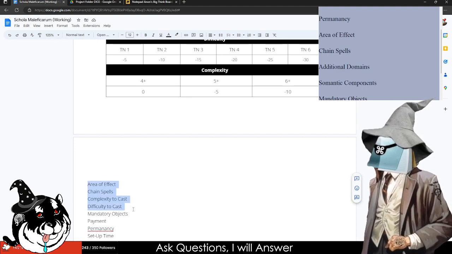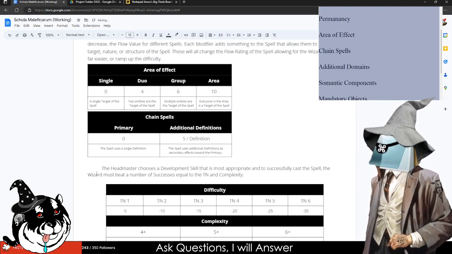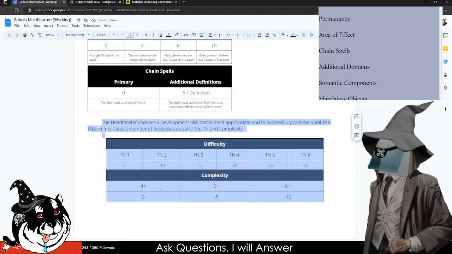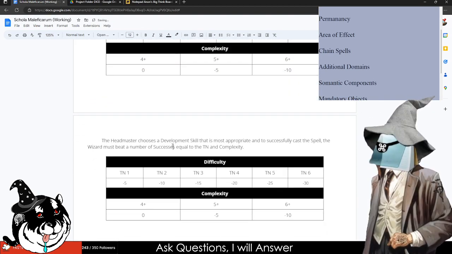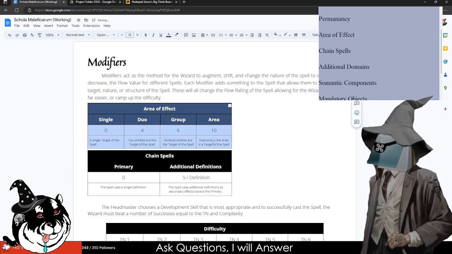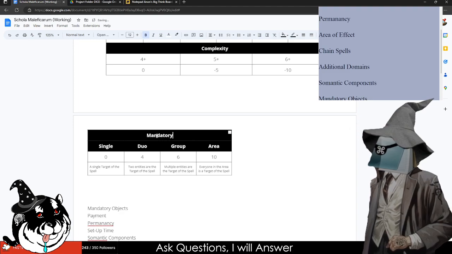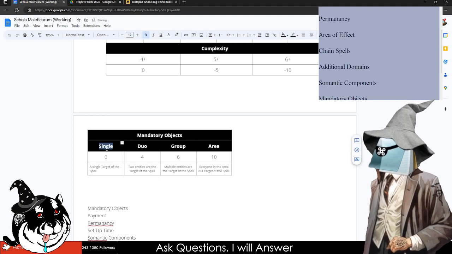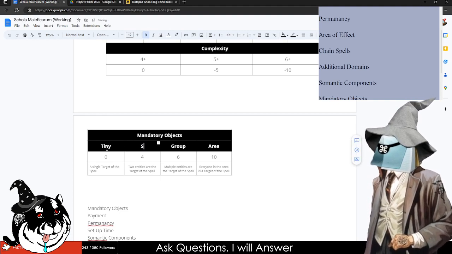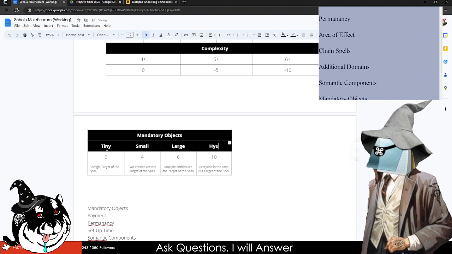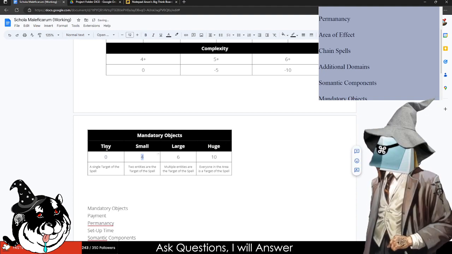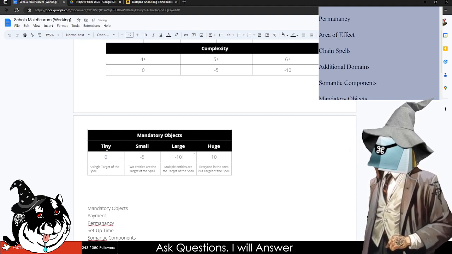Let's see, difficulty class, mandatory objects: tiny, small, large, huge. 0, -5, -10, -15. The object is palm size.